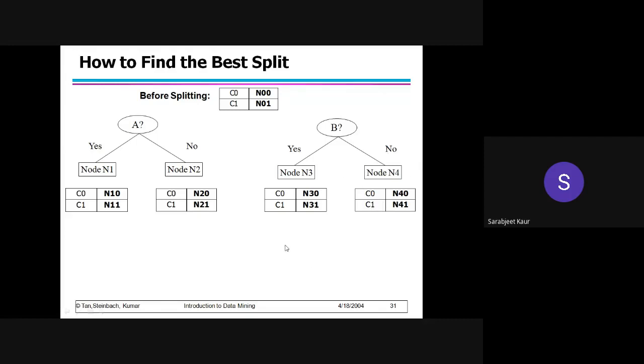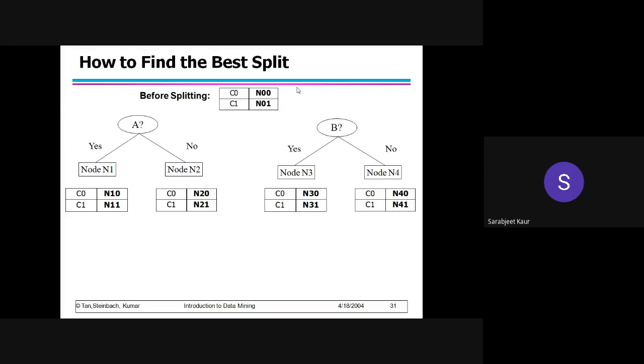So what are we really trying to look at here? If we had this parent node and we did not have a clear decision here, that means this node had a very high degree of impurity or a very low degree of homogeneity.